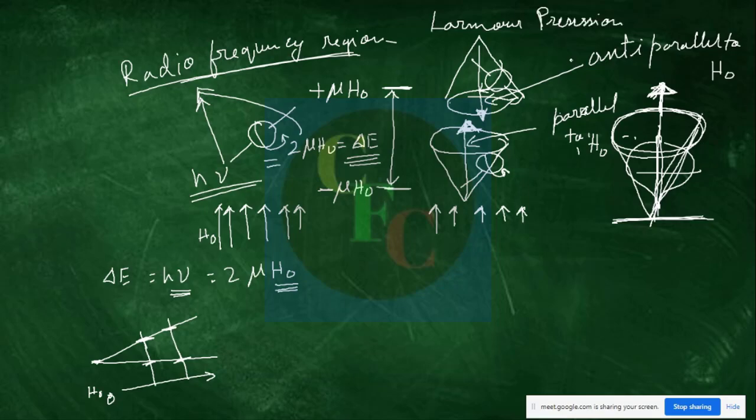So this precessional motion also has a frequency. When these two frequencies match, only then can we see NMR. That's why the term resonance is there.